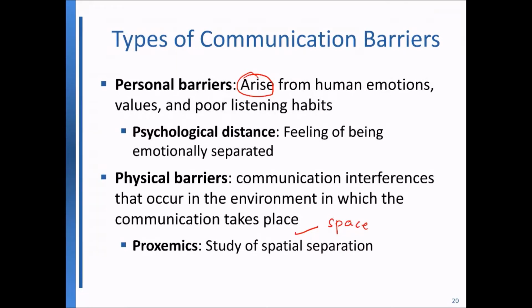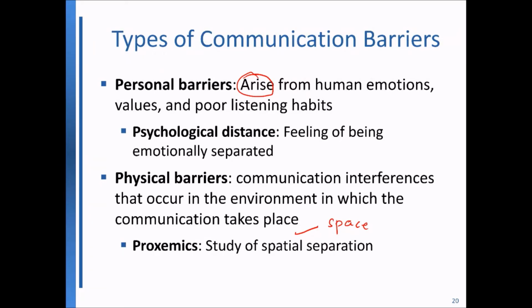But in our earlier example, they are only half a meter away from each other, so that is very close. But while they are talking, maybe one person is not interested, he is not listening. That is what we call psychological distance.